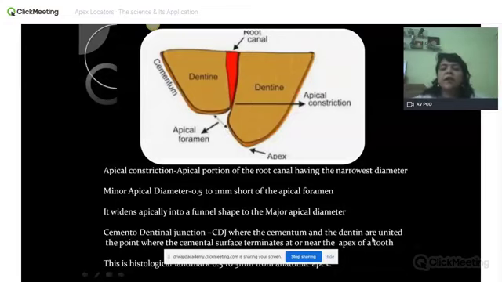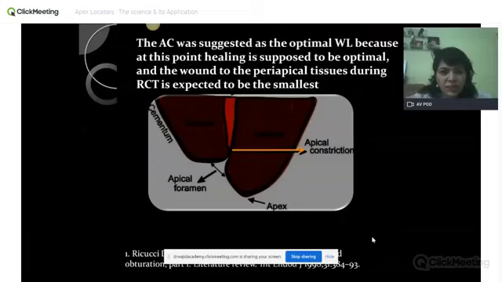Now here, the cemento-enamel junction is actually a histological landmark where the cemental surface terminates at or near the apex of the tooth. Now, this cannot be determined clinically, although it is the ideal place where we have to terminate our preparation. We always stick to the apical constriction as the termination of our root canal preparation.